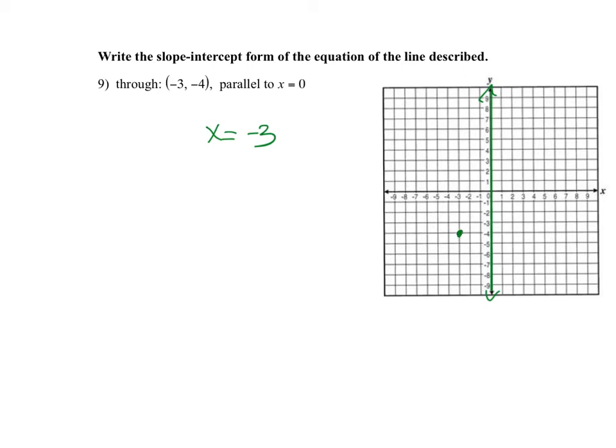So that line is the line right here. As you can see, it's x equals negative 3.